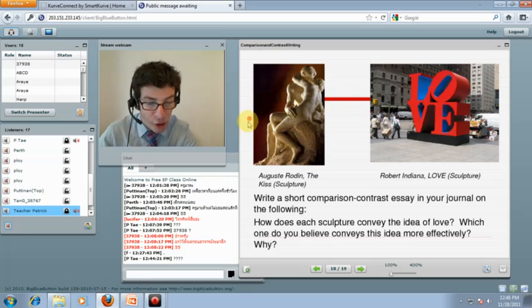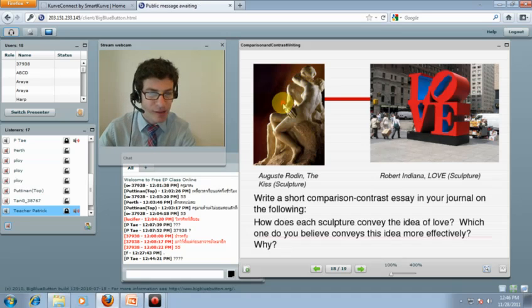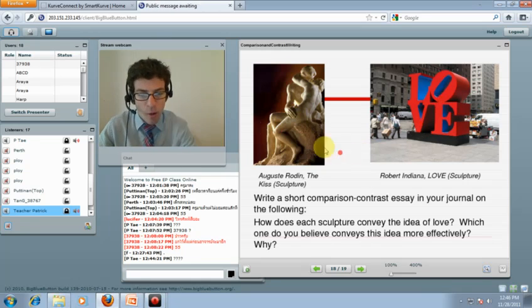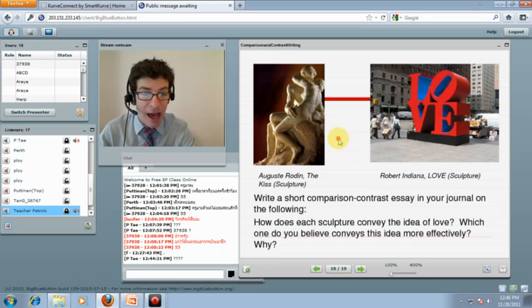So you can talk about how one shows humans, one just shows the word, one is more classical, one is very romantic, and one isn't. The word love just spelled out is more abstract. What you need to do is find what is different about them, what is the same, and figure out which one is better at showing love.